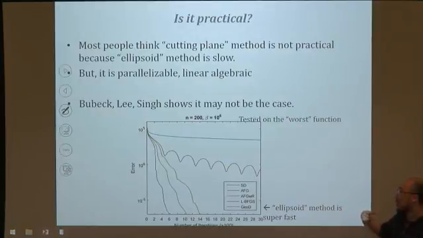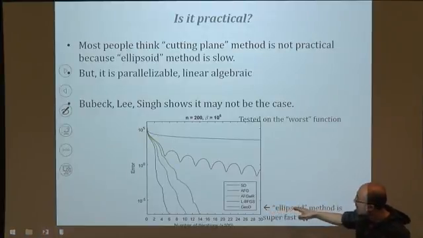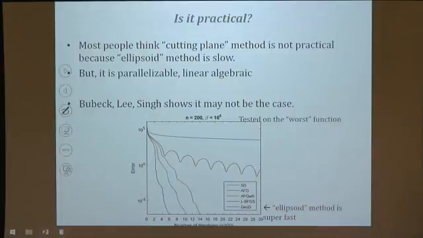For example, they store the previous 100 iterations of gradient information. You can see our algorithm is quite competitive. At least it shows the ellipsoid method can be practical. I don't know if it is competitive, but at least it is not that bad. And I don't know for this cutting plane method, but at least I think it's something.